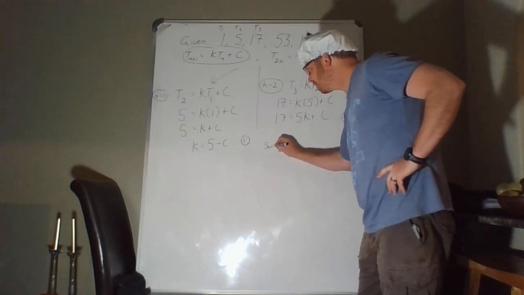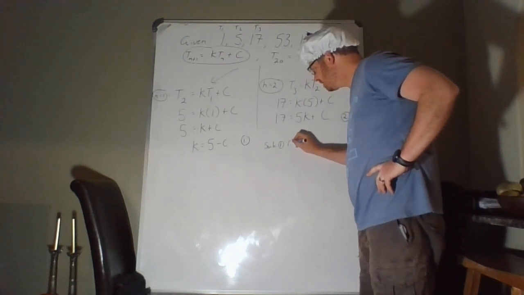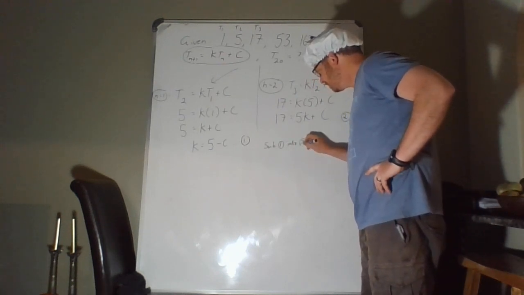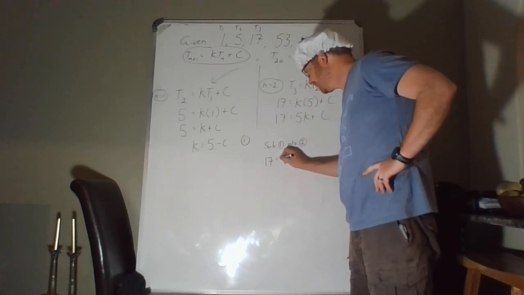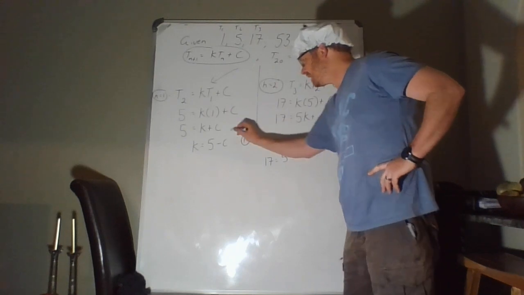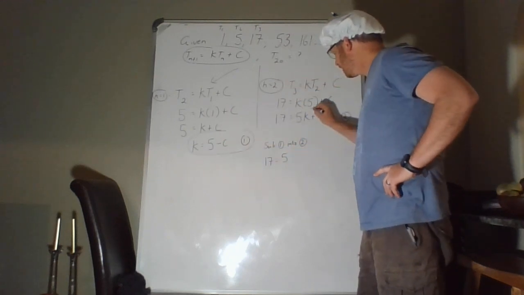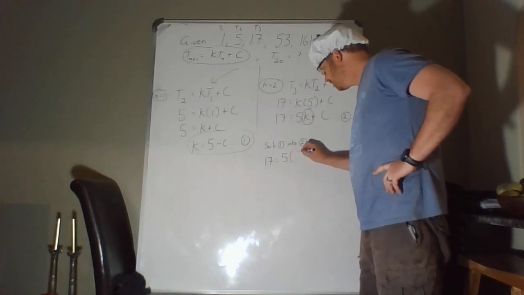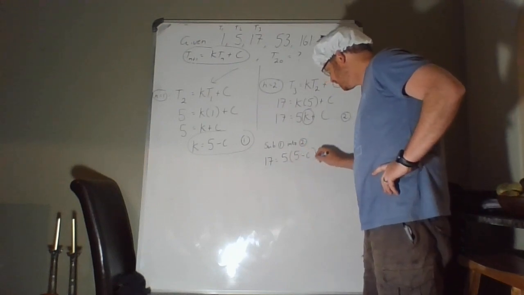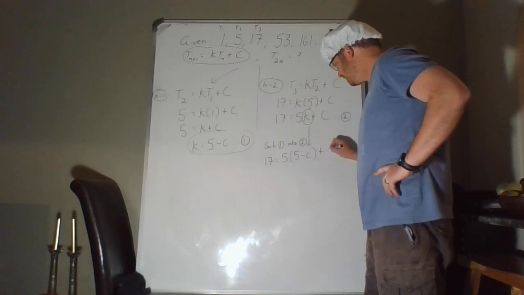Right, so if I sub 1 into 2, you're going to get 17 is equal to 5. Well, k is equal to 5 minus c, so I replace k with 5 minus c. So 17 is equal to 5 minus c, that's k, plus c.